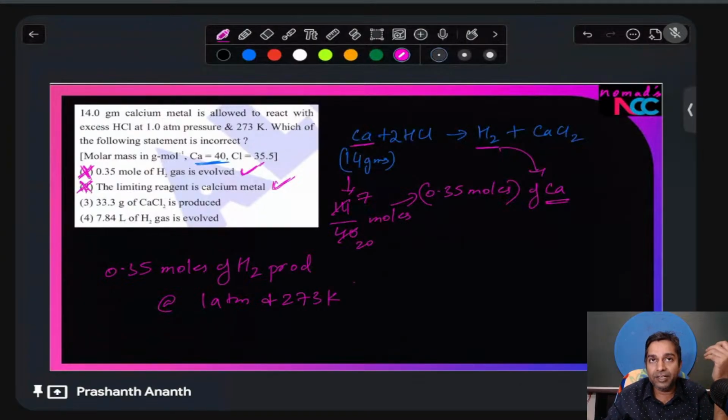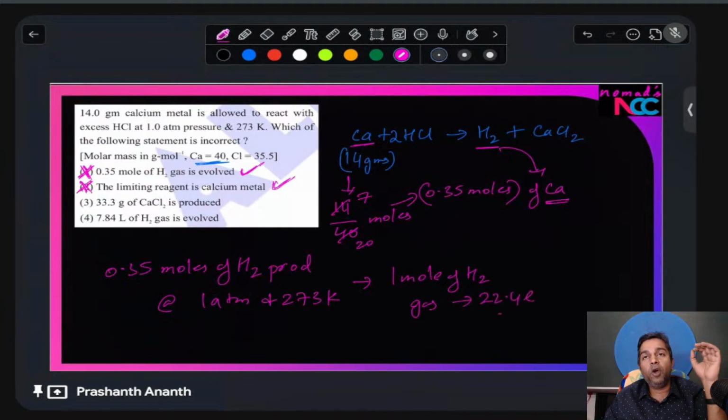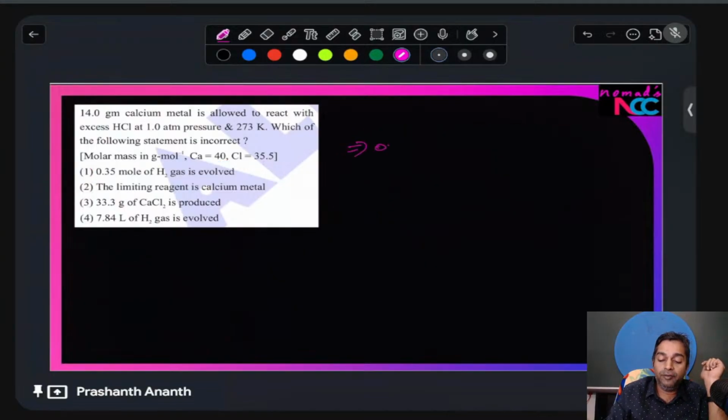So at this condition, 1 mole of hydrogen gas will effectively end up occupying 22.4 liters of volume. If it's going to occupy 22.4 liters volume, then we can straight away proceed and say this implies 0.35 moles of hydrogen gas should occupy 0.35.